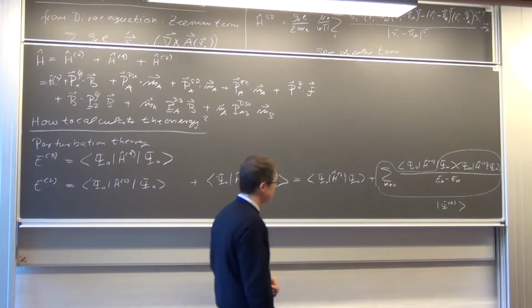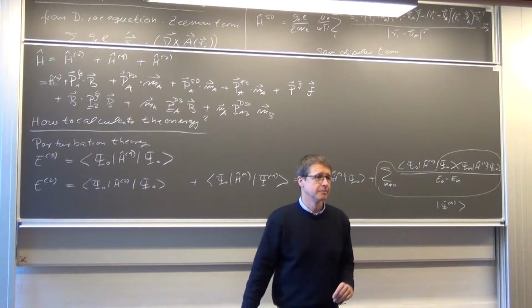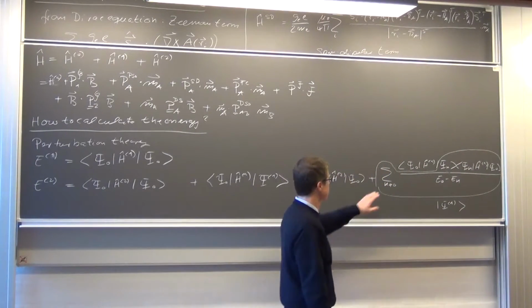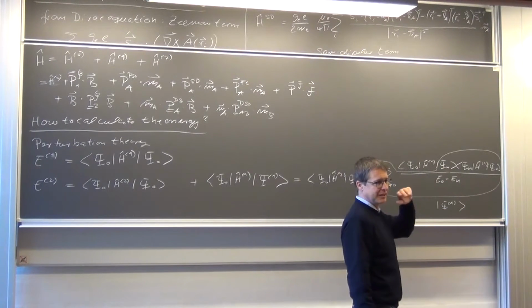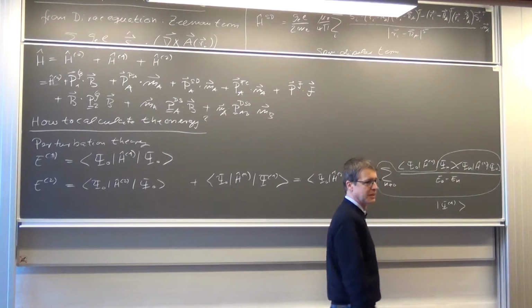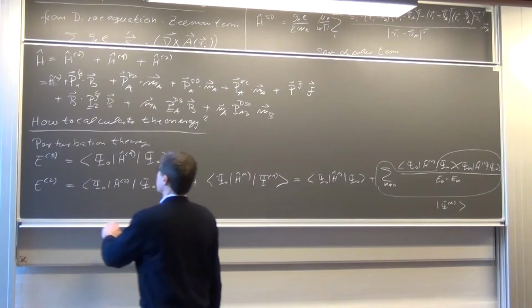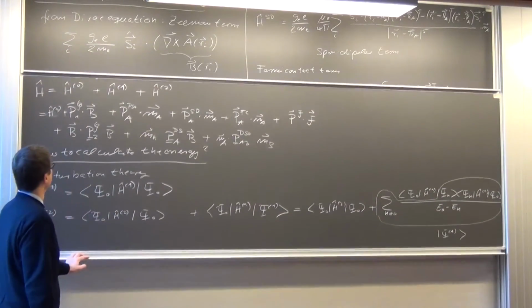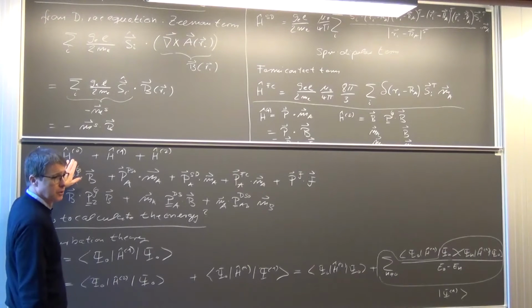And this thing is called a sum over states expression, because it's a sum over all other zeroth order wave functions. And in our case here, those zeroth order wave functions are all the solutions to the unperturbed Hamiltonian.